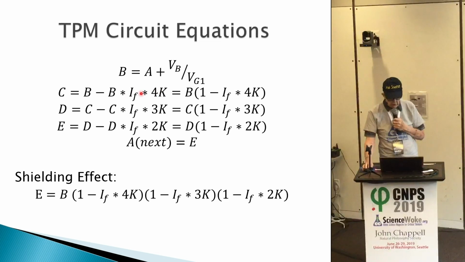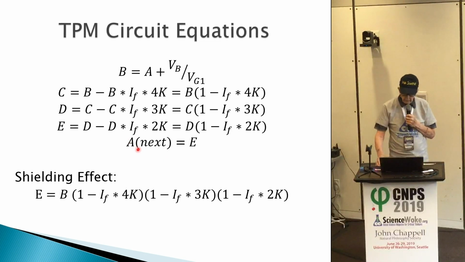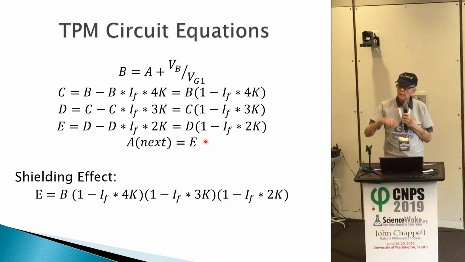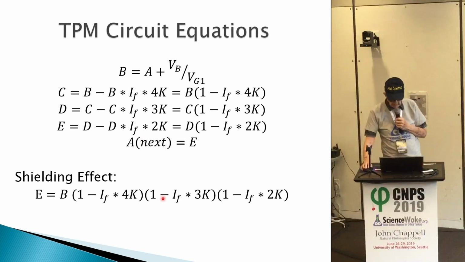That's the same loss I showed on the previous slide, and you simplify it to that. For D, it becomes the same for the 3K and then for the 2K, and then I make the next A equal to the value E as it goes around the circuit.